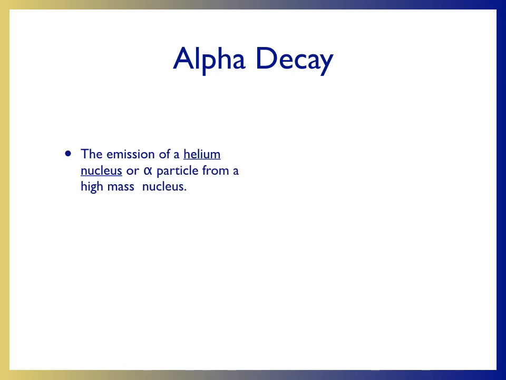The first type of radioactive decay is alpha decay. Alpha decay is the emission of a helium nucleus from a high mass nucleus. The helium nucleus is a very stable nucleus, which is why it is often emitted during radioactive decay.